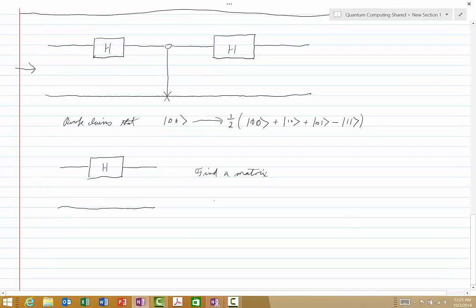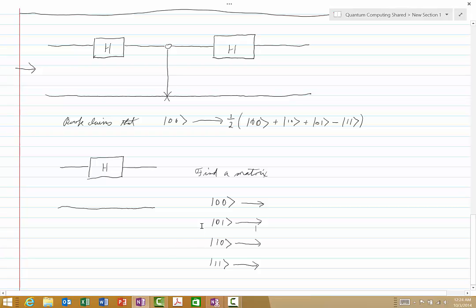Well, we know that if we had the 0 ket enter, in fact, what we want to do is to find out for each possibility. So 00, 01, 10, and 11. We want to know what's going to happen in each one of these cases.